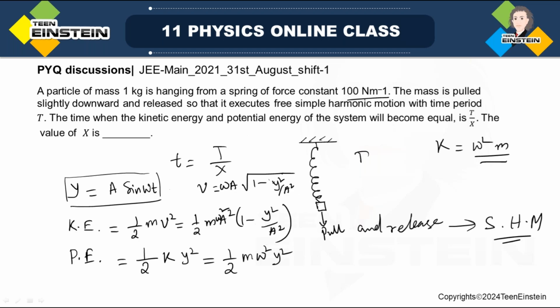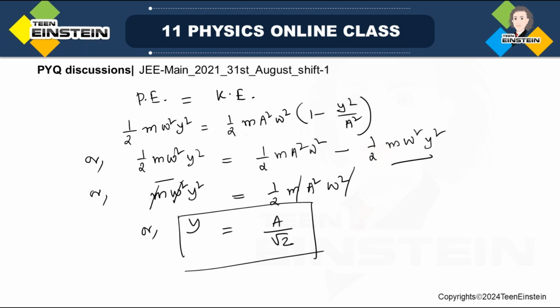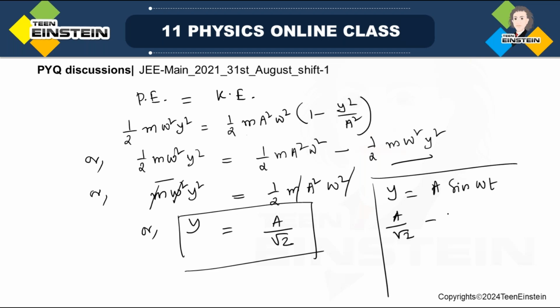See, in the beginning itself, I have written the displacement y is equal to a sine omega t. So if I put this here, a by root 2 is equal to a sine omega t, then I get sine omega t is equal to 1 by root 2.